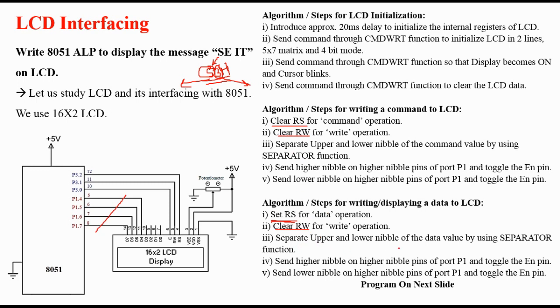To separate the upper and lower nibble of the data value we use the separator function, the same function we are calling at this place and at this place also. Then send the higher nibble, toggle enable, and then send the lower nibble and toggle the enable pin. So the sending mechanism of command and data remains the same. Only there is a difference of setting and resetting the RS pin.